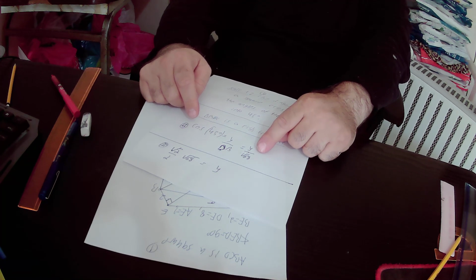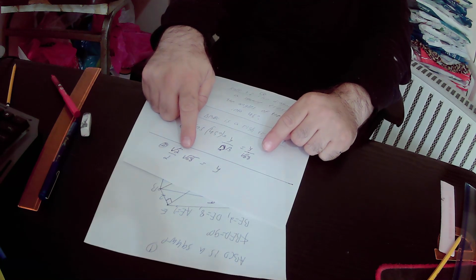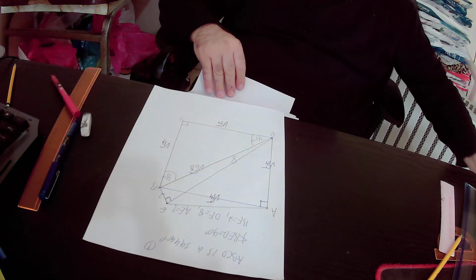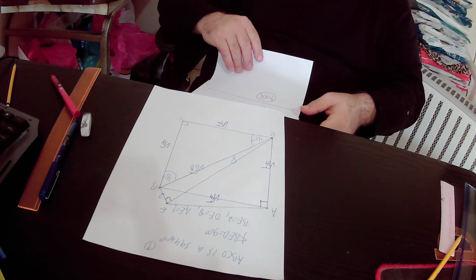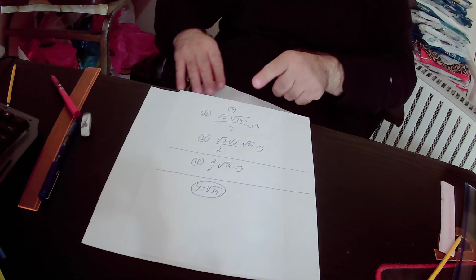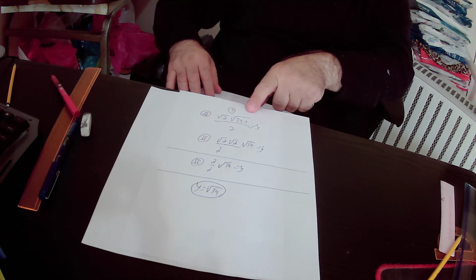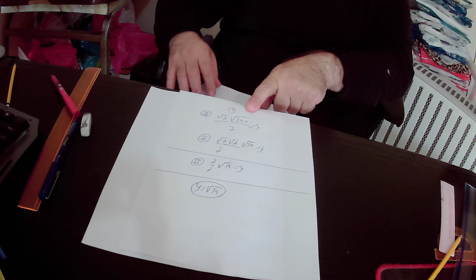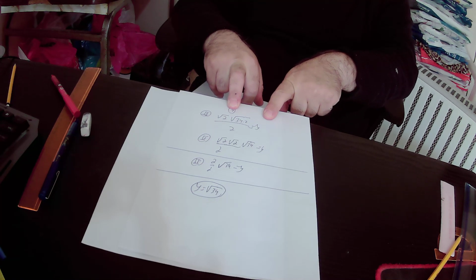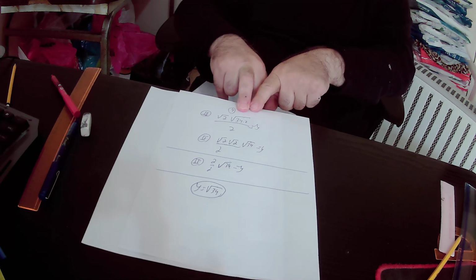So we multiplied equation number 2 by the root of 68. And we got that root 2 over 2 times root of 68 equals y. And then we know that 68 is 34 times 2. So we substituted 68 by 34 times 2, and we got that this expression equals y. Then we split this root into 2 roots.